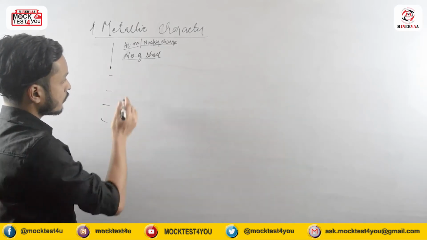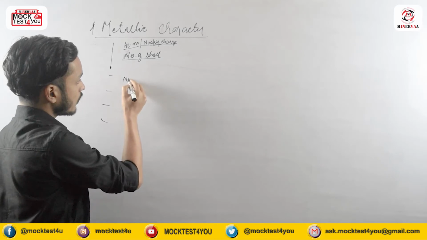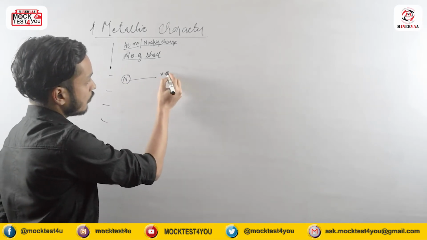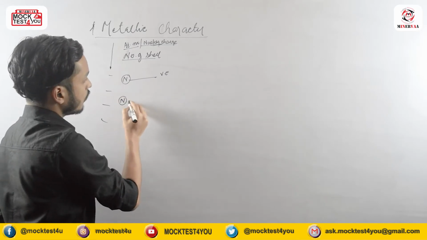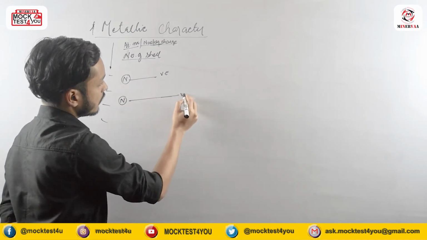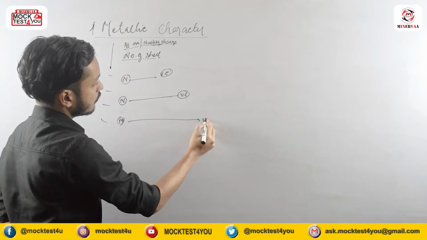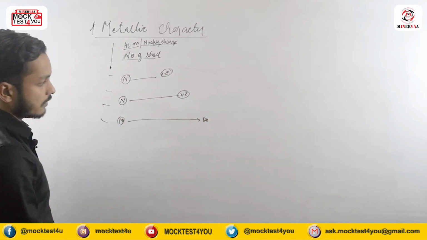So what will happen if you are going down the group, from 1, 2, 3 like this? The distance between the nucleus and the valence electron will increase, as you can see in the diagram, right?